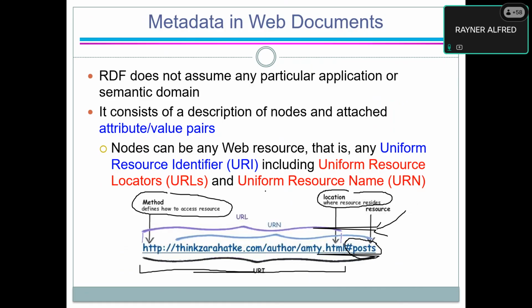So the whole thing is called URI, Uniform Resource Identifier. So URI will tell you what is the method being used, where is the location, and what type of resources you are trying to retrieve. Okay.